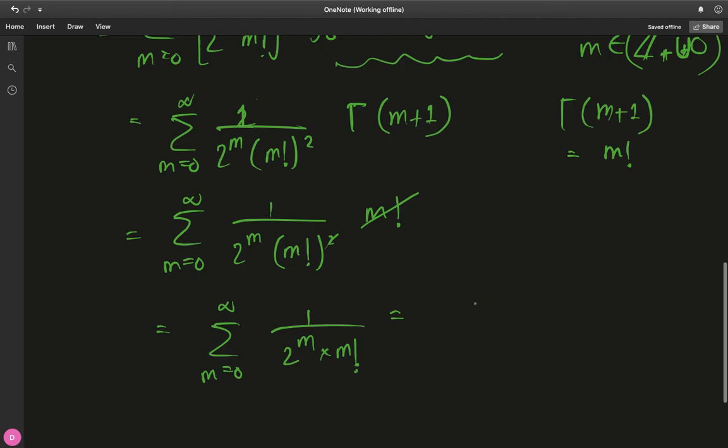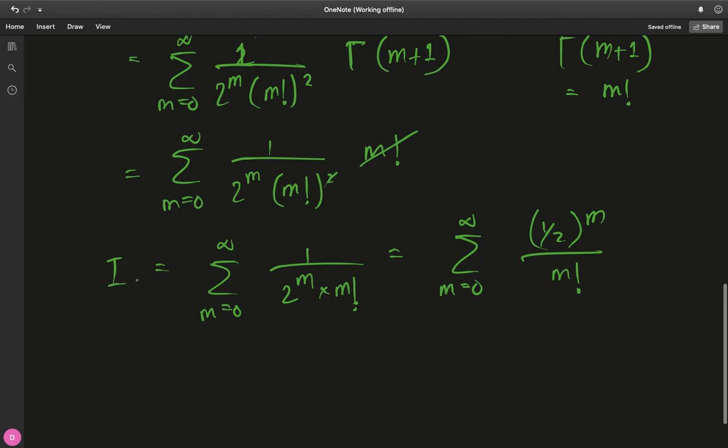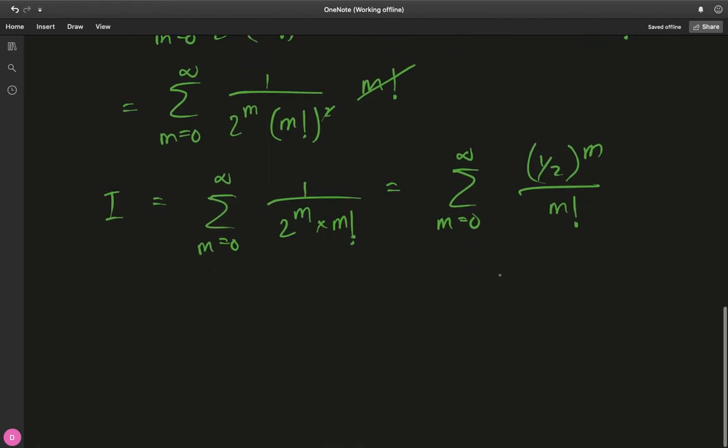This can be represented as the sum from m equals 0 to infinity of half to the m divided by m factorial. And what does this look like exactly? I mean, does this remind us of any series? Remember that e to the x was defined as the sum from k equals 0 to infinity of x to the k over k factorial.